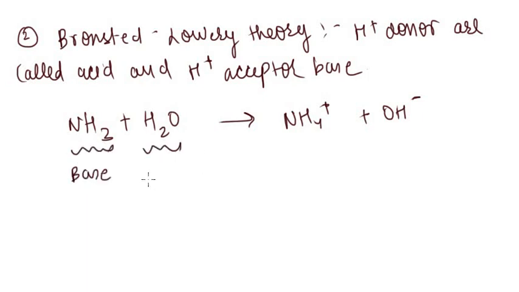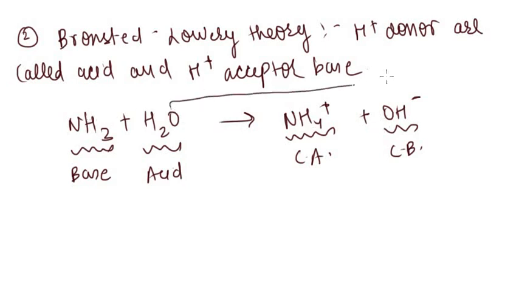Water has given H plus, so it is known as the acid. So NH4 plus is the conjugate acid of the base, and the acid has a conjugate base. Remember, whenever an acid releases H plus, the remaining part is known as its conjugate base. And when a base gets H plus, its conjugate part is known as the acid.